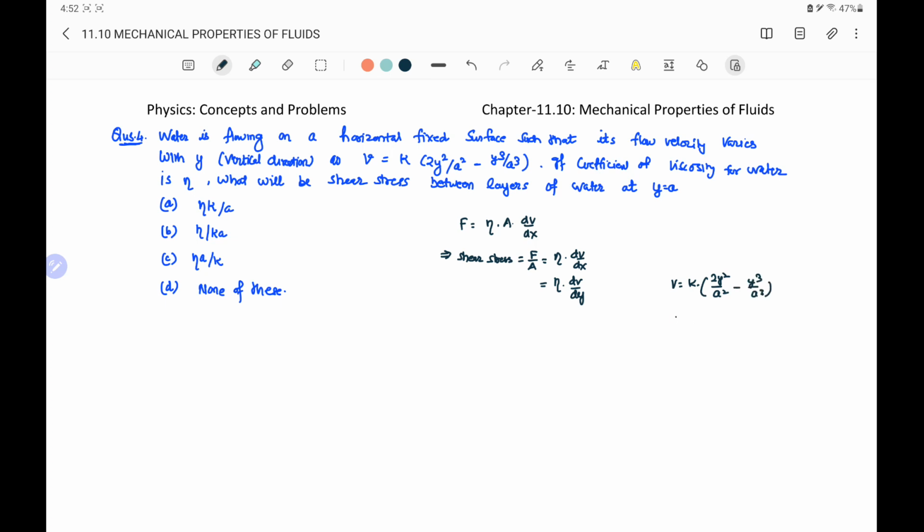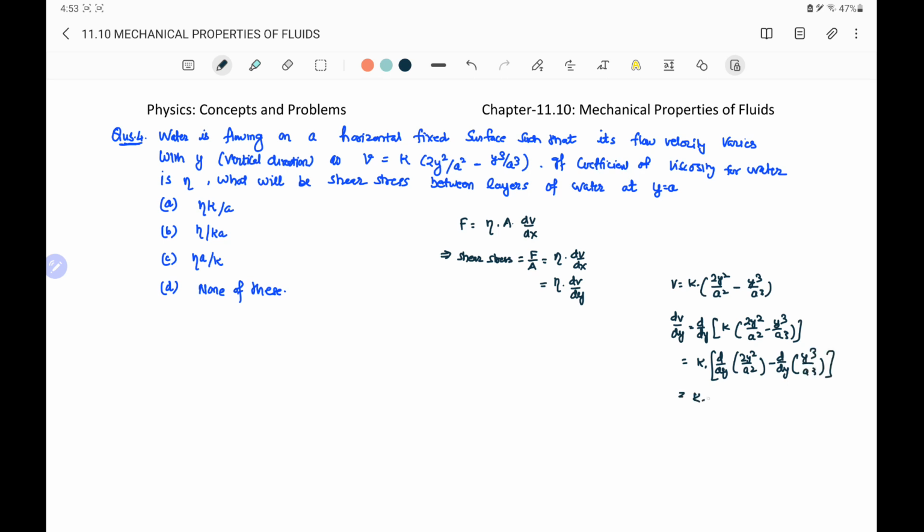To find dv by dy, we have to differentiate the given expression, which is k into (2y²/a² − y³/a³). k is a constant, so it is taken out, and now differentiating the terms, that is 2y²/a² minus y³/a³ with respect to y.